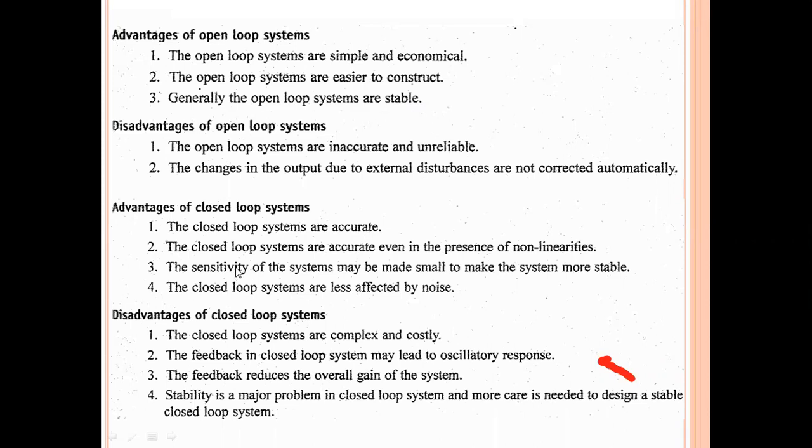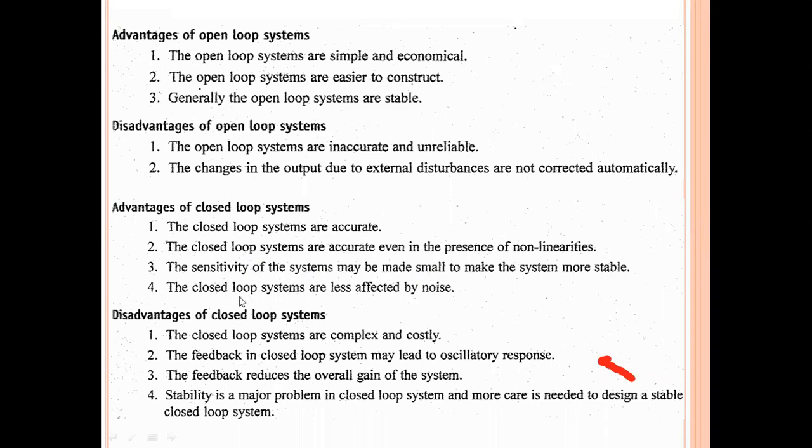So for closed loop systems, we need to make them stable. How can this be done? By making the sensitivity very small, we can achieve the stability of the closed loop control system. This is one way to make the closed loop control system stable.